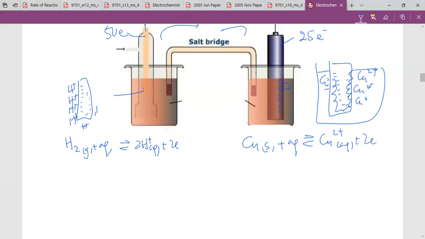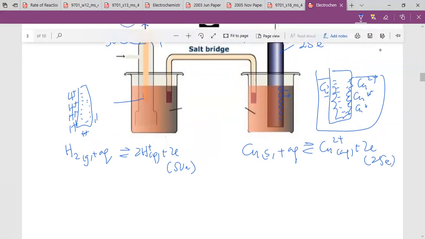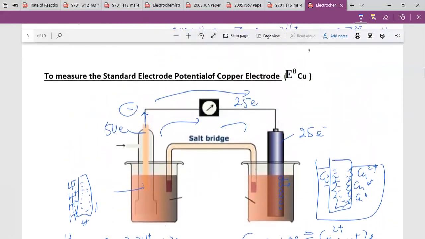So we say that here there are 50 electrons at equilibrium, and this has 25. So when you put them together and put on the switch, there's going to be a reading. This will be the negative pole here, and the red color will be here. If you put the red on this side, I cannot get a reading. It will give you a non-reading.